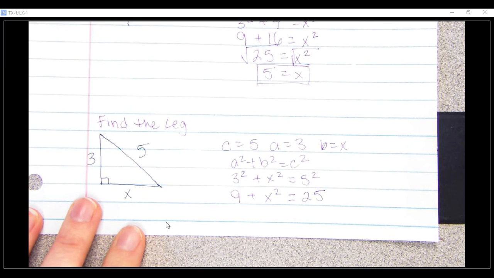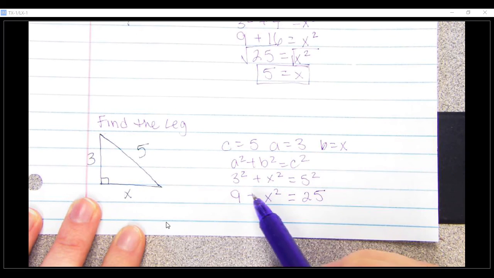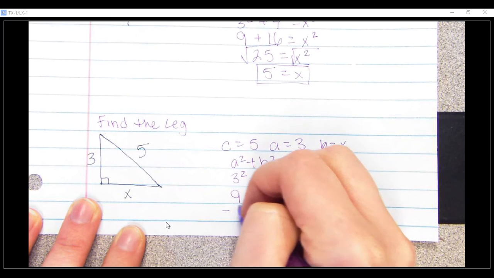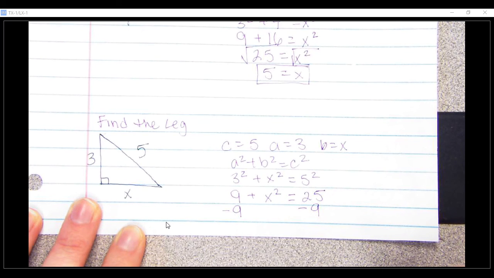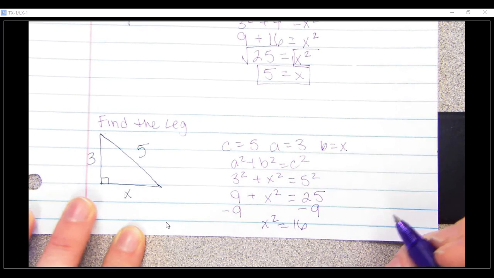Now this is where things get a little different. I can't add these two numbers together because I don't know what x is. So instead, I need to get that x squared by itself. I'm going to do that by doing the opposite operation, which is subtracting. And I have x squared is equal to 16.